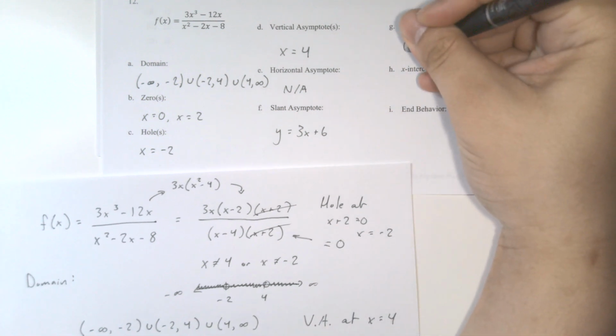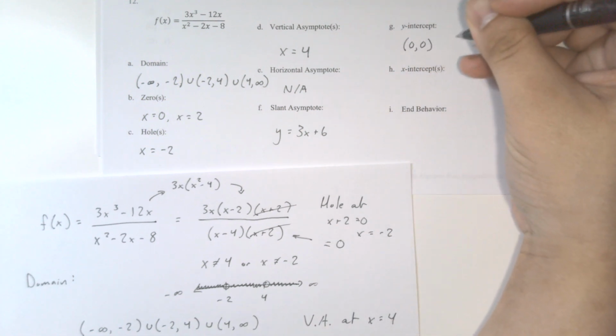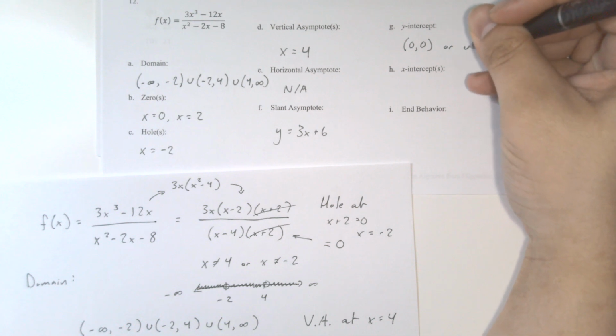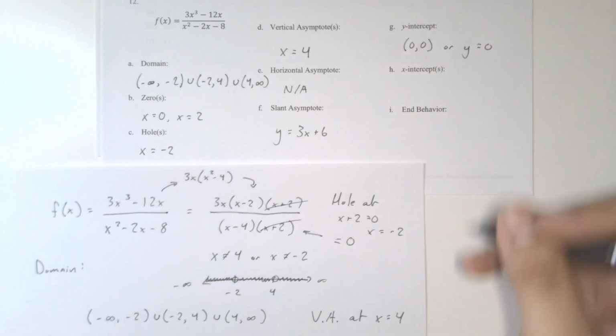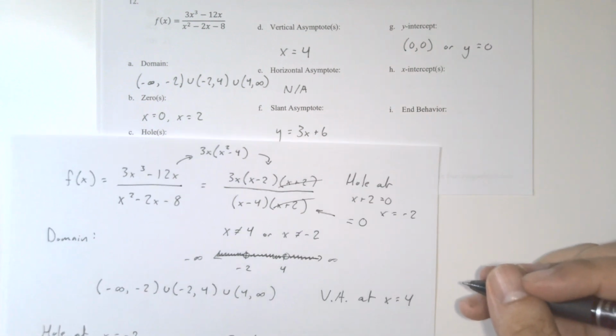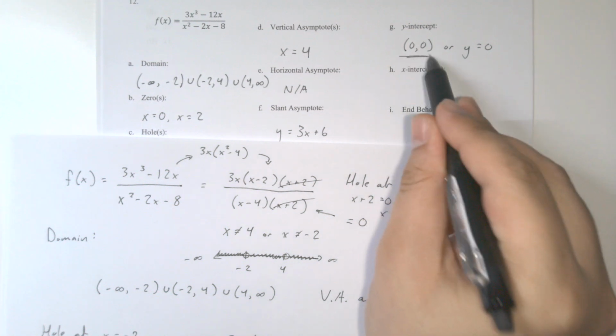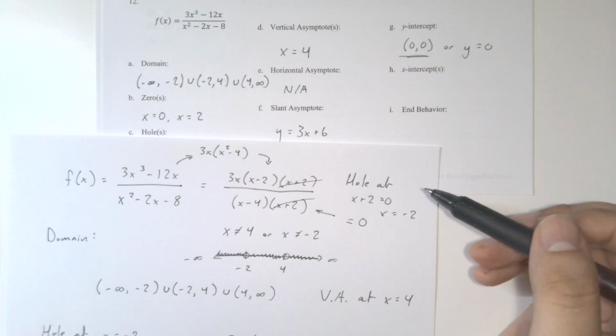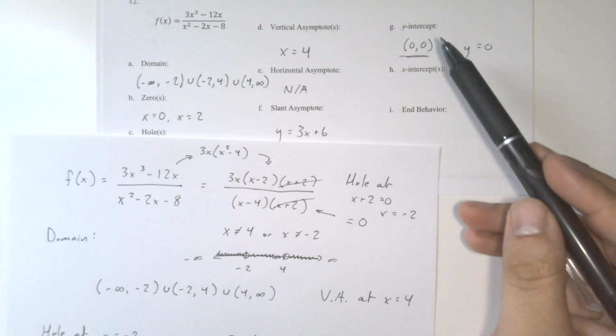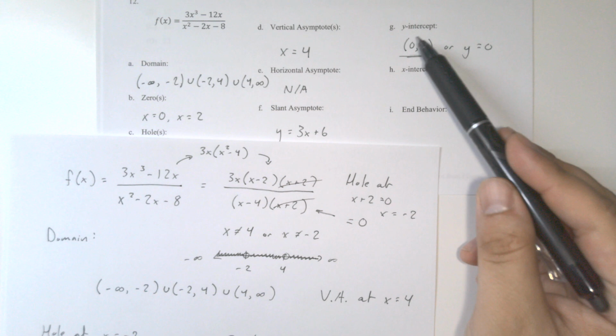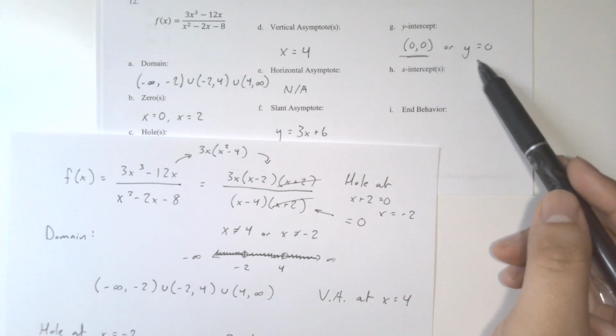So y-intercept 0, comma 0. Or you can write y equals 0 depending on who's asking. I personally like to write it as a coordinate like that, but I think because it's specifically asking for a y-intercept, it is acceptable to say y equals 0.